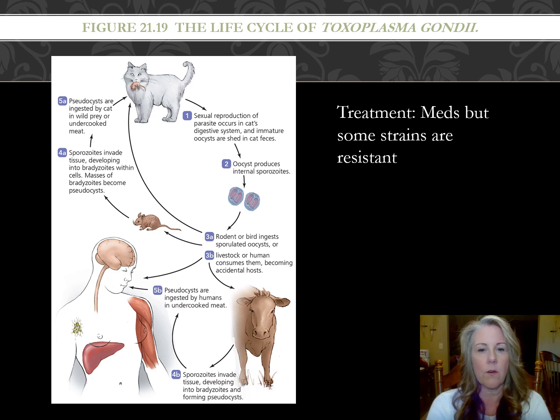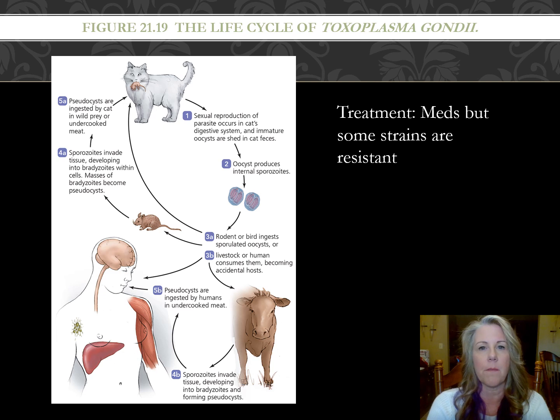All right, so if we're following along, a rodent or a bird ingests the sporulated oocysts, or livestock or a human consumes them, becoming an accidental host. Now, remember I said this was fecal-oral, so it's coming out in the feces and somehow or other we are ingesting it.